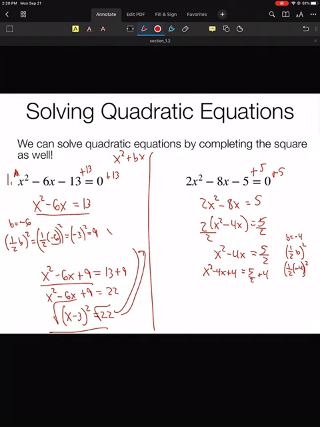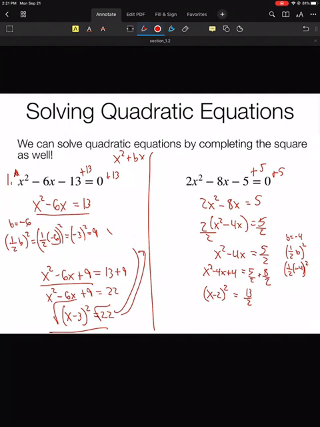All right. X squared minus 4x plus 4 is x minus 2 squared, equals 5 halves plus 4. I can change 4 into 8 halves. And 5 halves plus 8 halves is 13 halves. Okay, so 13 over 2.